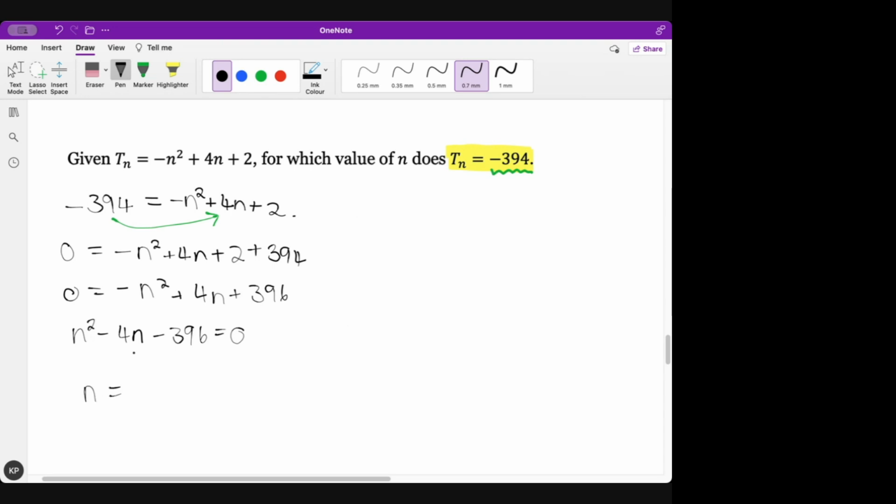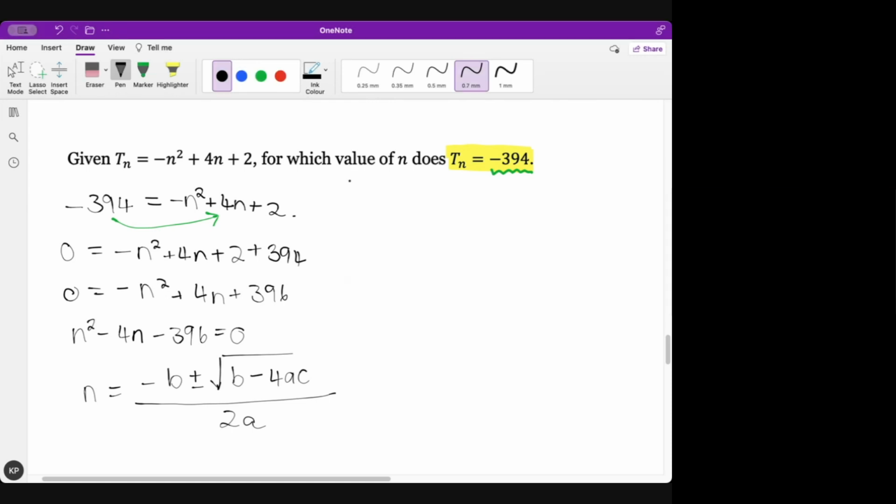n equals negative b plus or minus the square root of b squared minus 4ac, over 2a. Then we use the positive value as the negative value is not applicable. You are beautiful, Sinako. That is beautiful.